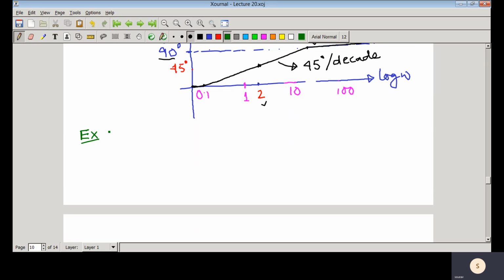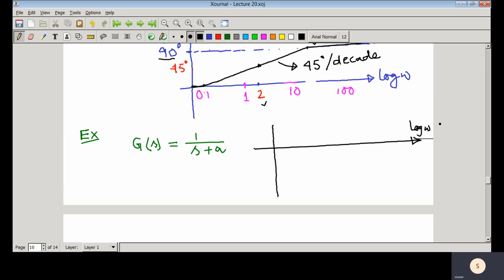Whenever you have 1 by s plus a, suppose G(s) is 1 by s plus a, we have shown what its Bode plot would be. So the asymptotic Bode plot is here, this is log omega, and this is in dB, so do not forget to mention that axis, and you can see the frequency is 0.1, then 1, 10, 100, like that.